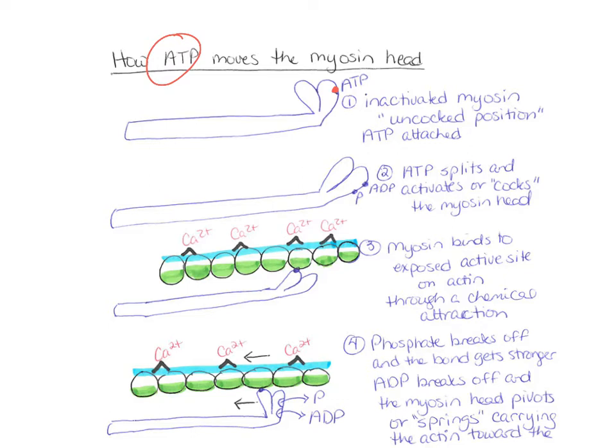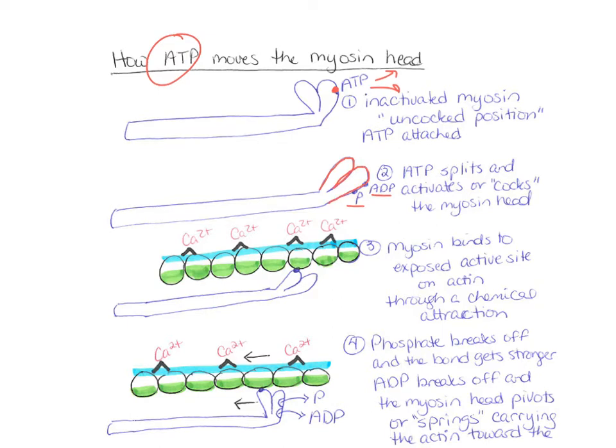So to activate that myosin head, ATP has to split, and it splits into ADP and phosphate. Now, ADP and phosphate still stay attached to the myosin head, but the energy that was released in breaking that bond activates the myosin head or cocks it into an activated position.